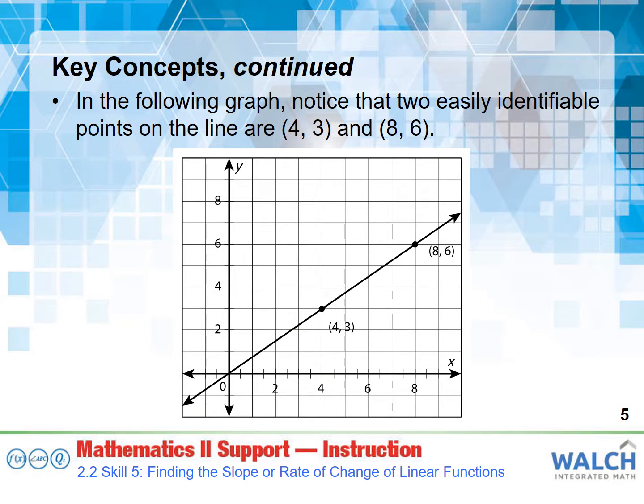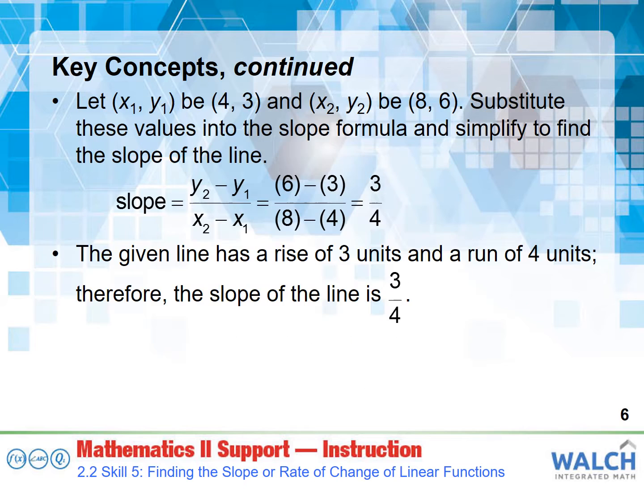So let's practice. In the following graph, notice that 2 easily identifiable points are 4, 3 and 8, 6. All right, so 4, 3, we're going to label always x1, y1, and then x2, y2.